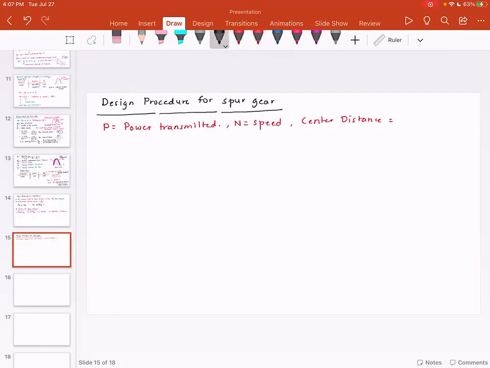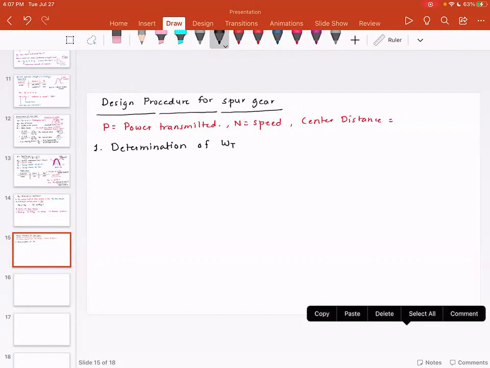So step one is we want to find out the tangential load, determination of WT. And this load WT is actually providing the torque.